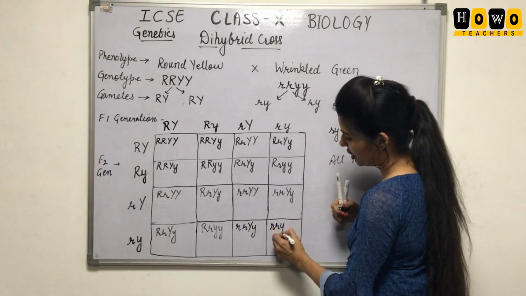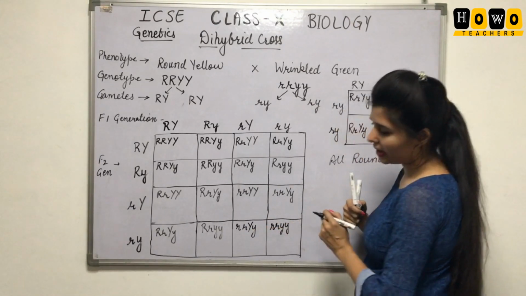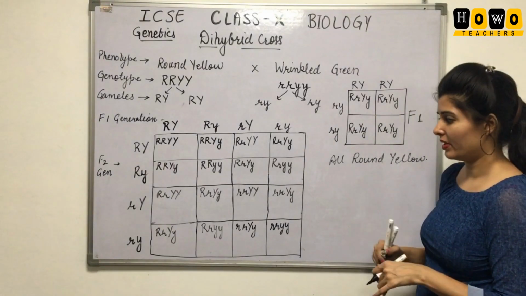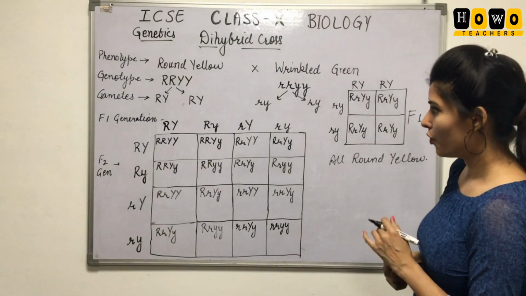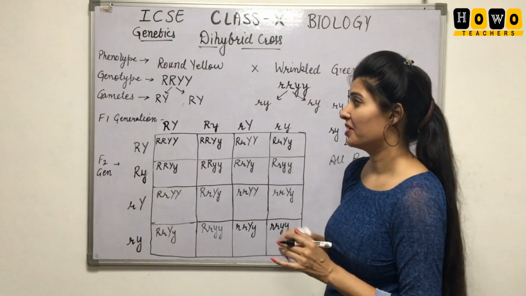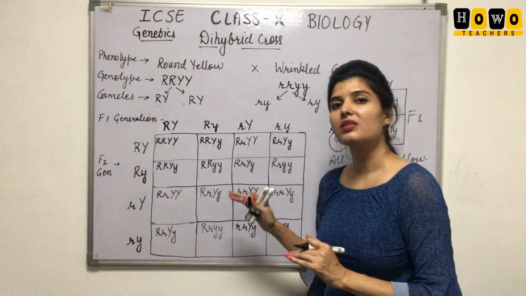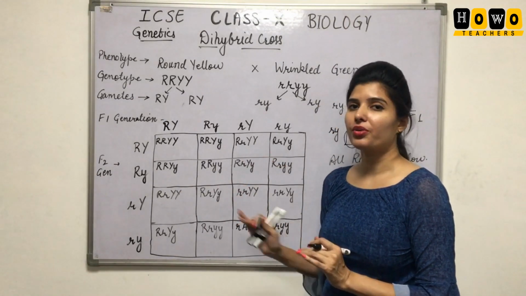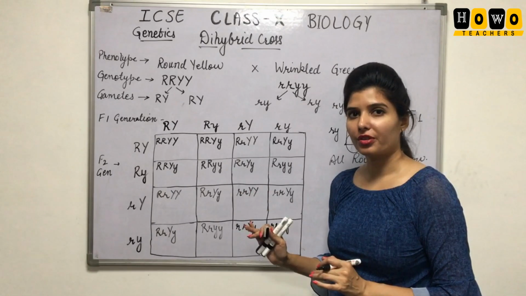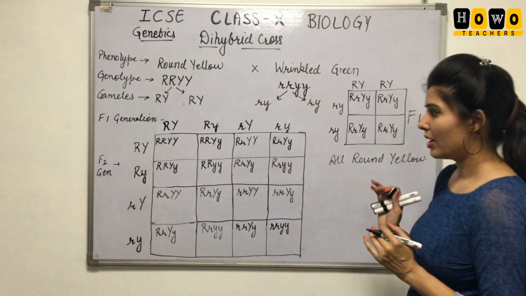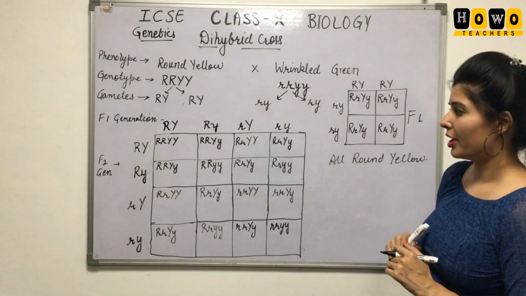So finally we got the last one as all the recessive one. Now see here what ratio we will be getting. In your syllabus the genotypic ratio is not there, only the phenotypic ratio you have to see. So I will be noting down only the phenotypic ratio.